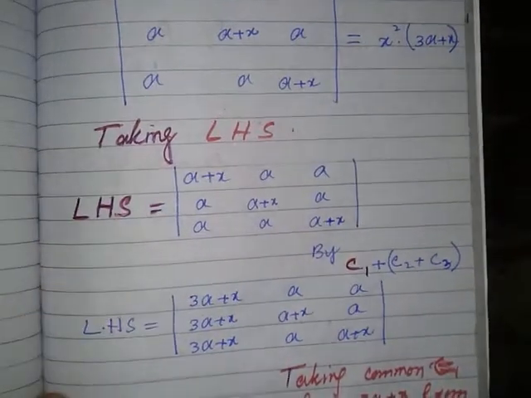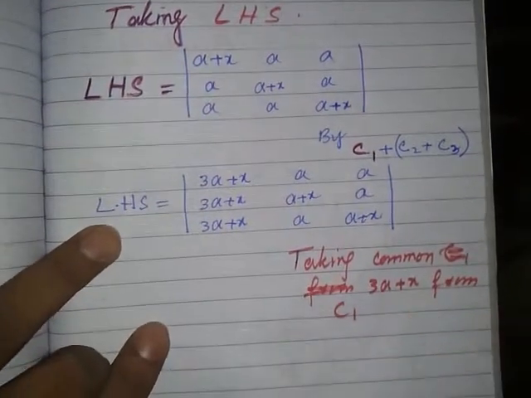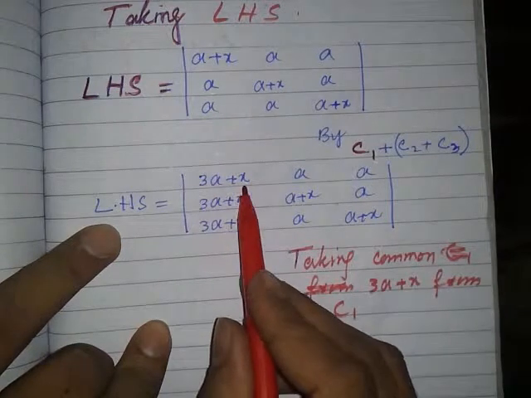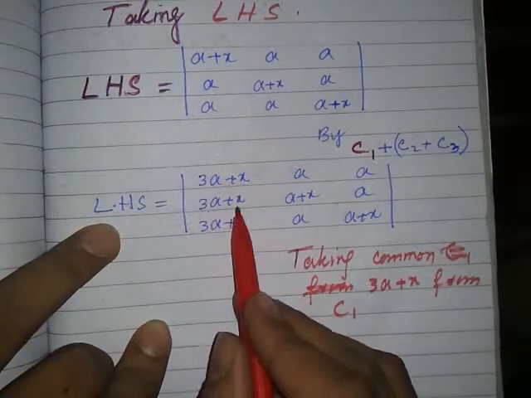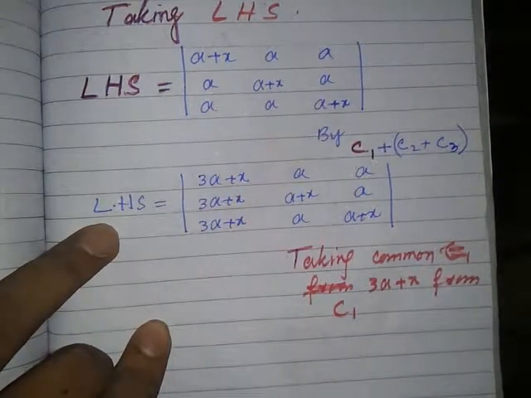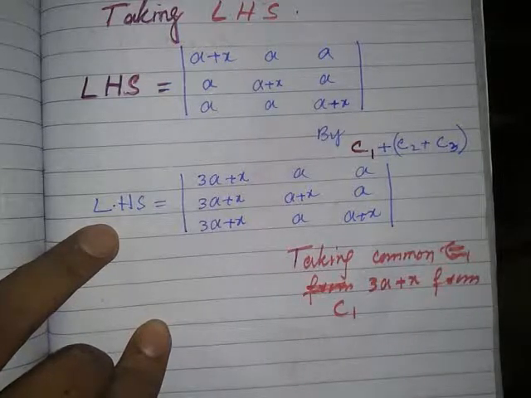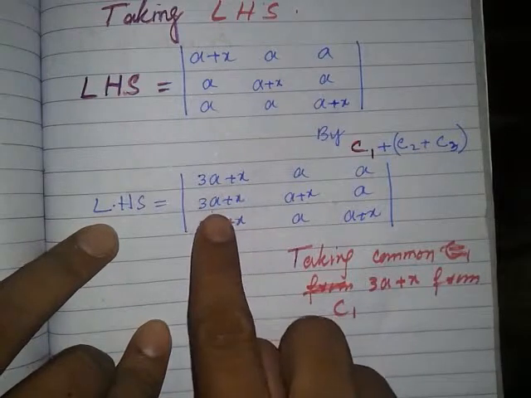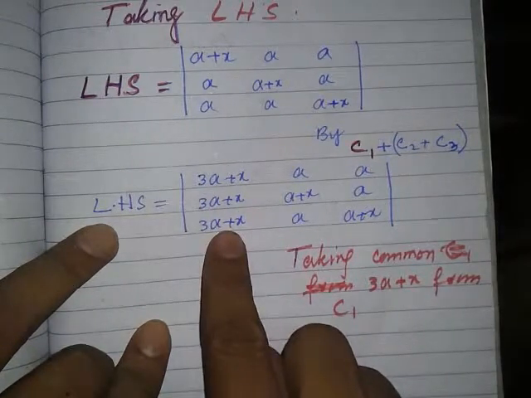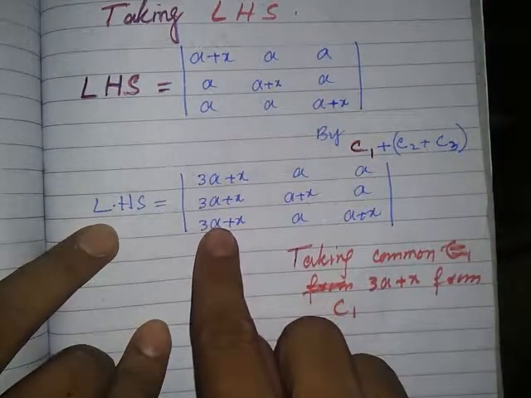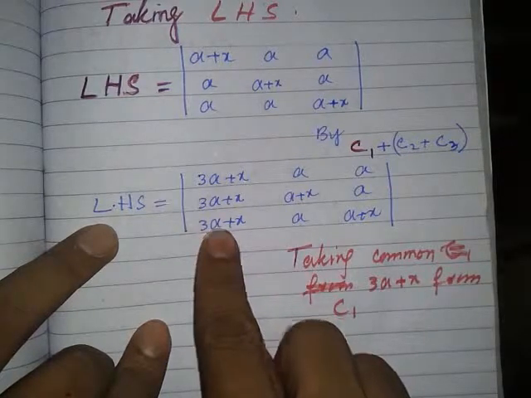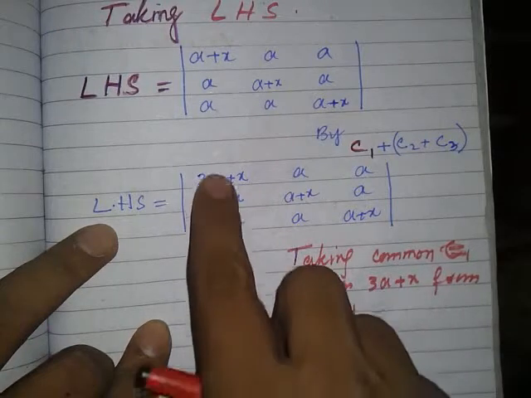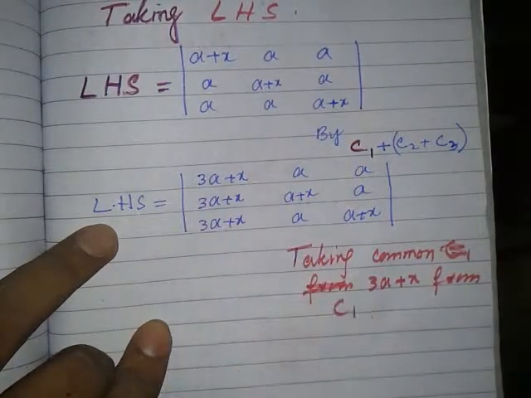We see here that in column 1 similar terms are there. 3a plus x, this expression and this expression are same. Wherever this condition occurs, we take common. In column 1 the three elements are same. Then taking common 3a plus x from C1.